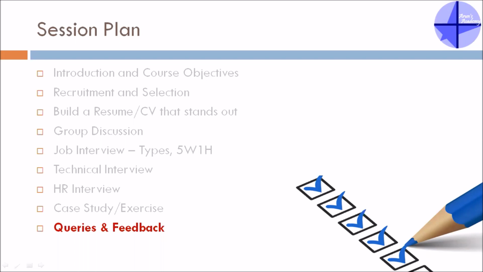We then moved on to resume building, where we understood the must, should, and could of a good resume and also saw some interesting sample resume and CV. Then we understood about one of the most common recruitment rounds, which is GD or group discussion. We learned what traits are observed in a GD, types of seating arrangements, role played by participants, and how to excel in a real GD.